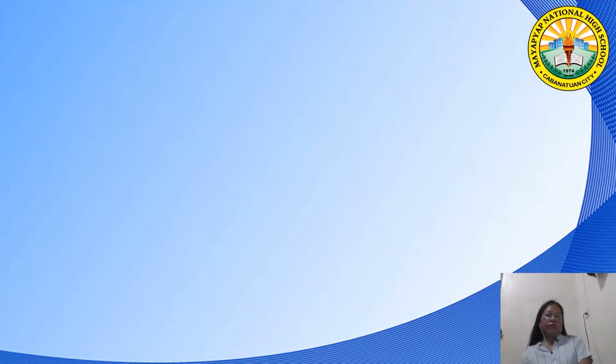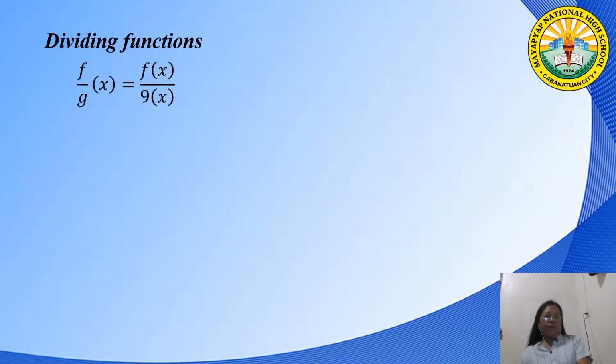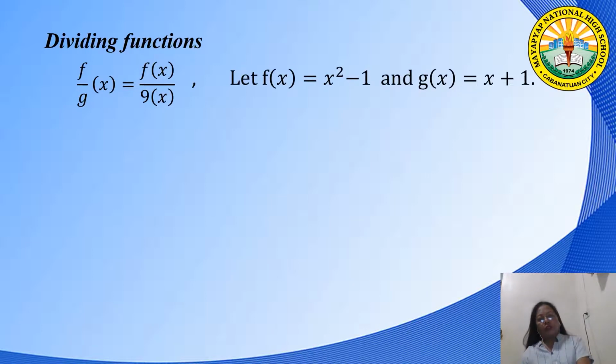In finding the quotient or in division of function, by definition, f over g of x equals f of x over g of x. So let's have an example.